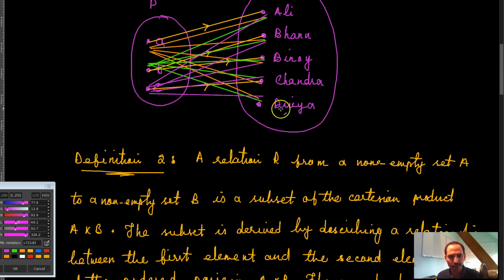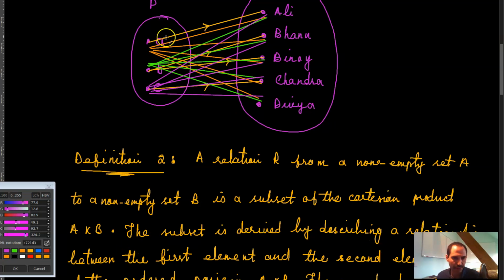I'm just considering a subset of them, only some of them, or possibly even all of them, but not necessarily all of them. And the subset is derived by describing a relationship between the first element and the second element.